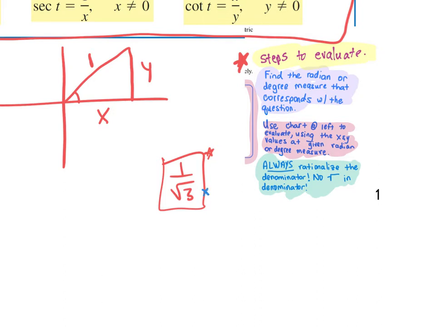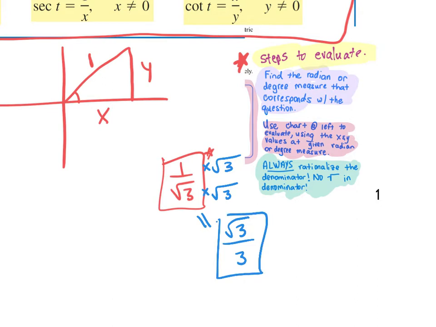You have to multiply it by square root of 3. Multiply the top and the bottom by square root 3. Perfect. So we would get square root 3 on the top, and then what's square root 3 times square root 3? 3. So this is equal to this. But again, on WebAssign, you can just leave it as the square root in the denominator.